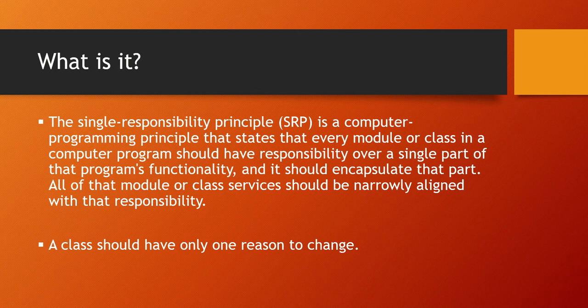This is where you are violating the single responsibility principle, because user sign in is not related to email functionality or email responsibility, I can say. So that's why single responsibility plays an important role, and you should know a class should have only one reason to change, that is only the narrowly aligned functionality for which it has been created.